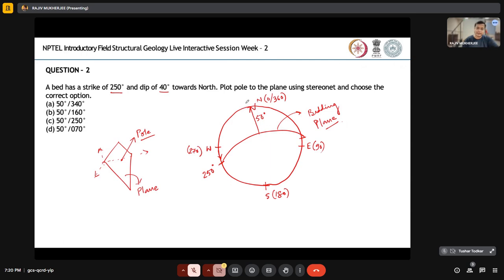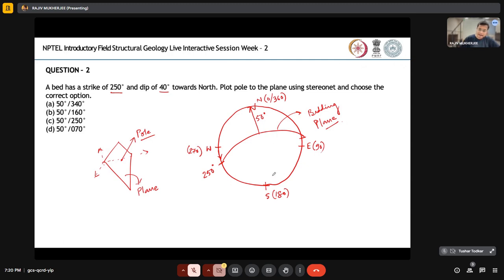So we need 40, right? So in this case, if this is our stereonet, we are going from here for 50 degrees, we go around and then we come again 40 degrees from this direction to actually achieve 90 degrees. That is how it is adjusted.